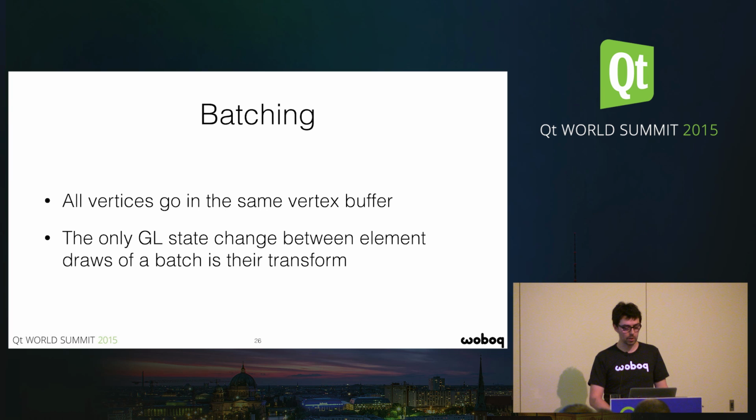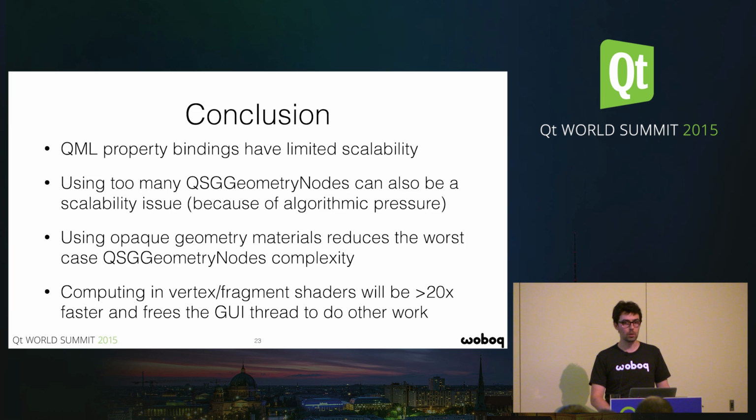If you want to start looking at the code, look at QQuickWindow, QSGThreadedRenderLoop, and QSGBatchRenderer. The last one, QSGBatchRenderer, is where all the batching is done, and all the OpenGL calls are. If you want to look at something, please look at this. If you have a problem, feel free to ask Woboq. We like to deal with this kind of code, and maybe we can help you find a better solution or change your design.